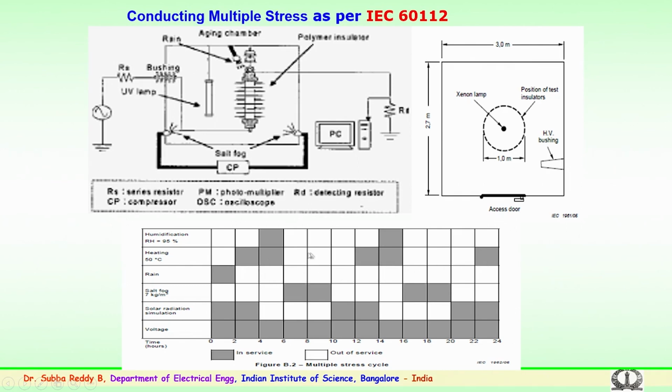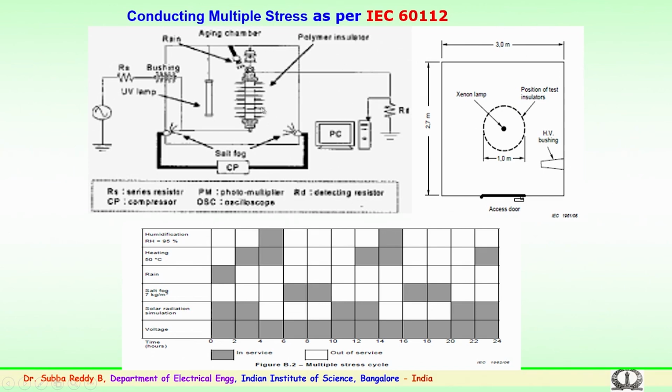And humidity: humidity is totally for 4 hours, applied 2 hours with a gap of 8 and again 2 hours. This is how the cycle has been explained in the standard, IEC 61109, which is to be followed for evaluating the multi stress arrangement for the insulators continuously.